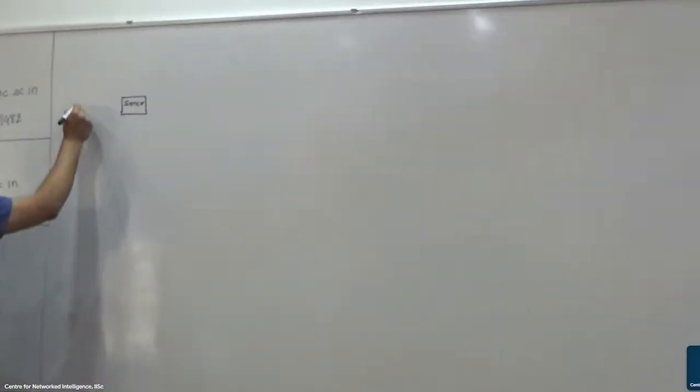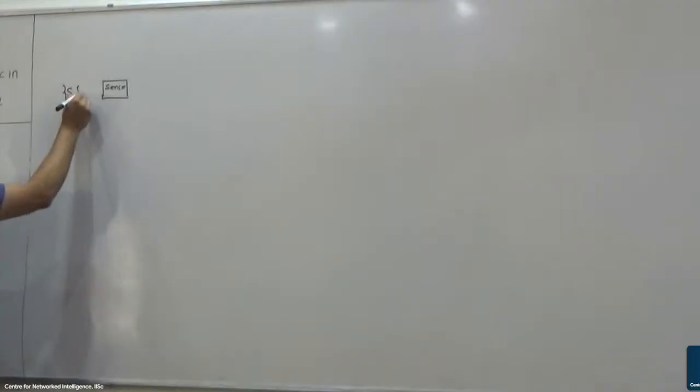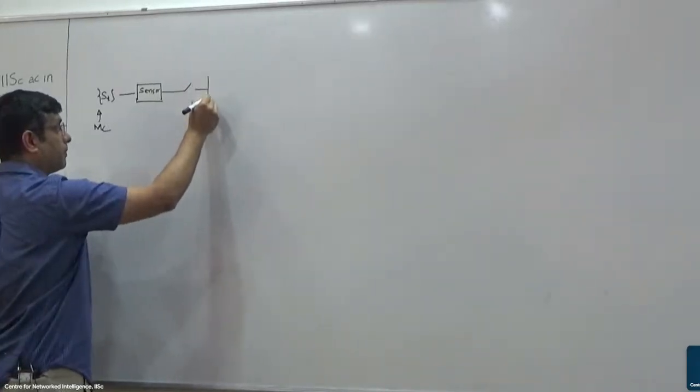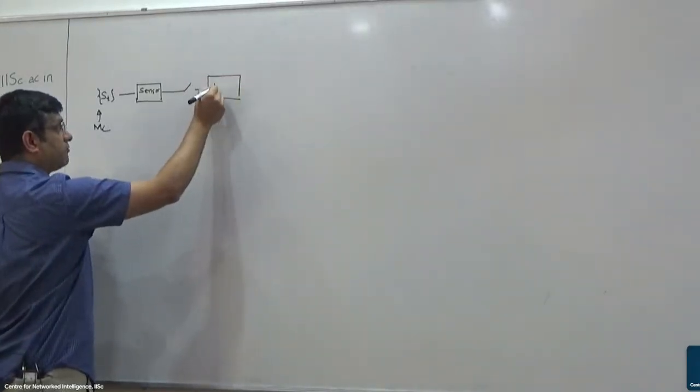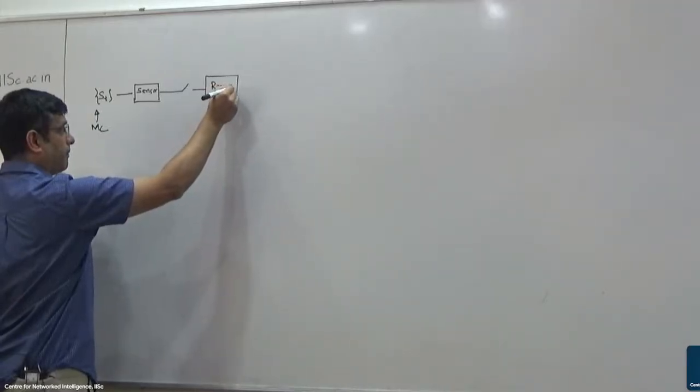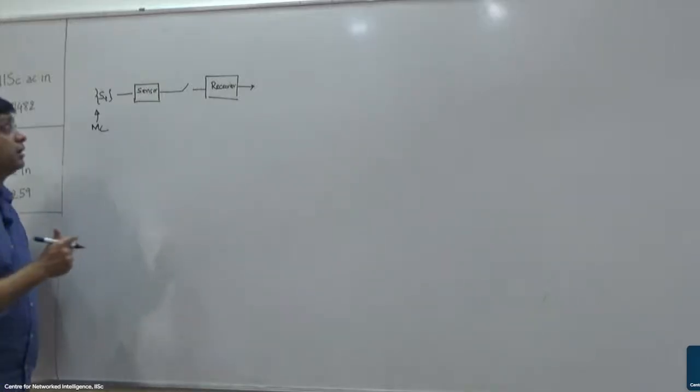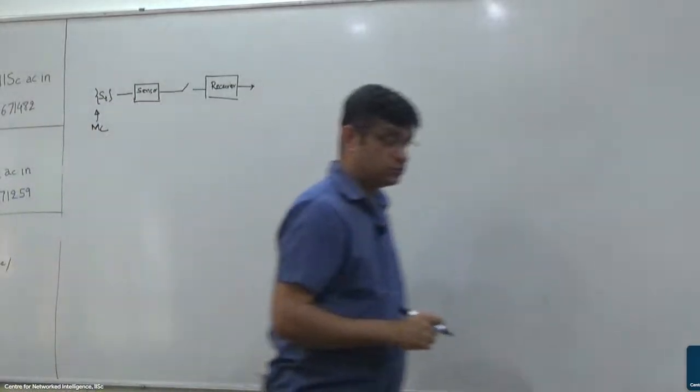So suppose I have a sensor, and this sensor can observe a Markov chain. And now I have a receiver, and at every time the receiver has to make two decisions. The receiver has to decide whether to take a measurement from the sensor or not.